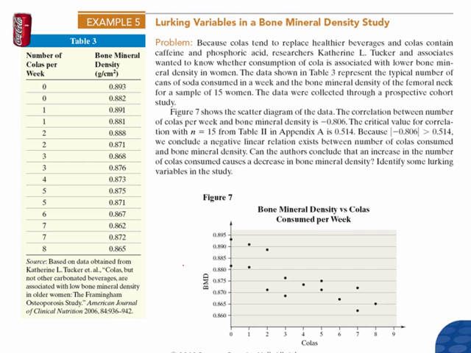How many cans of soda did you consume each week for a certain amount of time? And then at the end of the study, the researchers measured the bone mineral density of these women. And in that way, they were able to collect the data shown. Figure 7 shows a scatter diagram of the data. What does that scatter diagram imply about the relationship between number of colas consumed and bone mineral density?